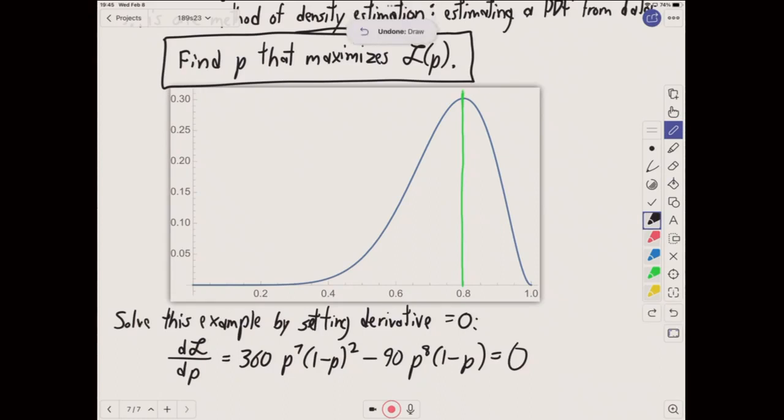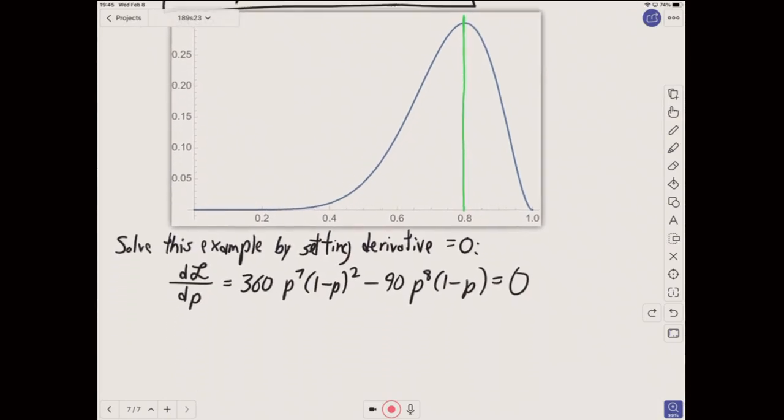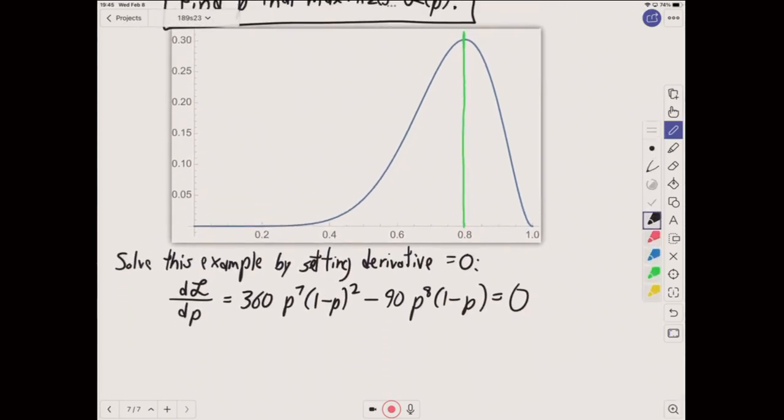In this case, the function has only one critical point, which makes it really easy to get an answer. This simplifies to 4 times 1 minus p equals 0, from which it's pretty easy to figure out that the optimal p is 0.8.